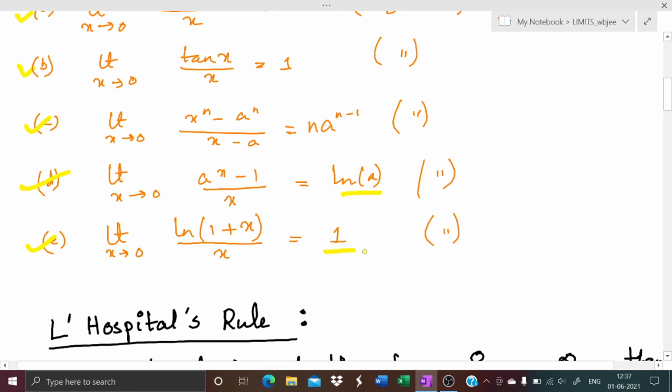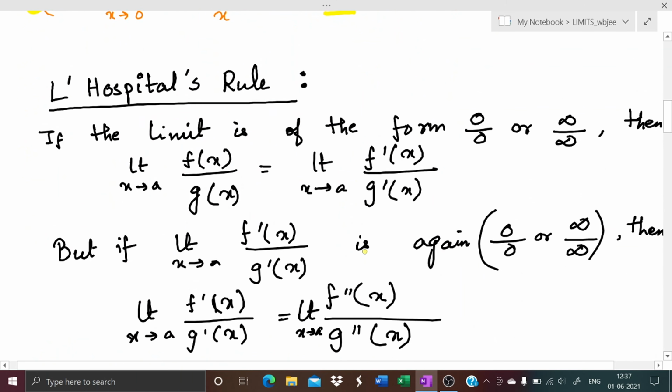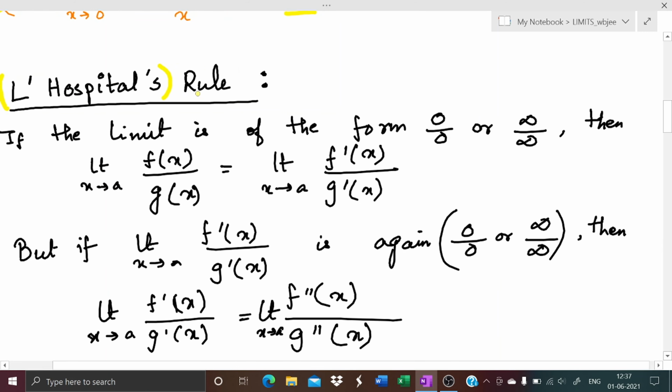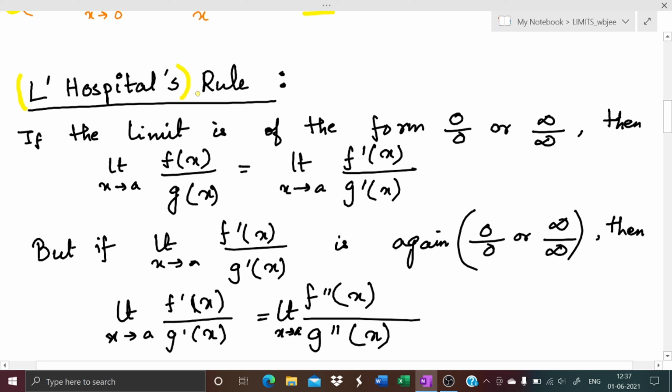Okay, now a very important rule, that is L'Hopital's rule, and this is pronounced as L'Hopital's, don't pronounce it as L'Hospital. This is a very important rule in limits, and we will discuss it now. So what does it say?